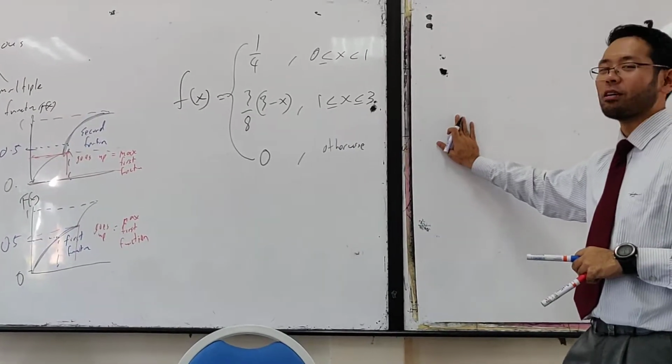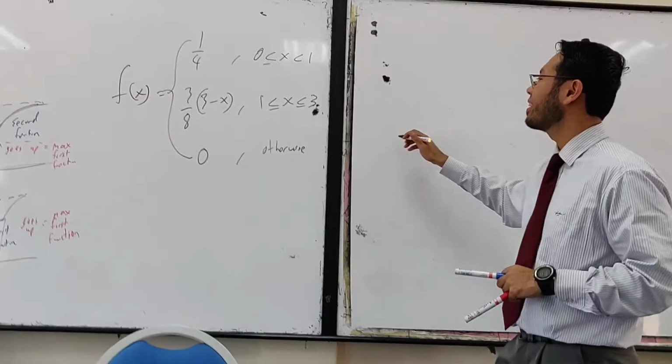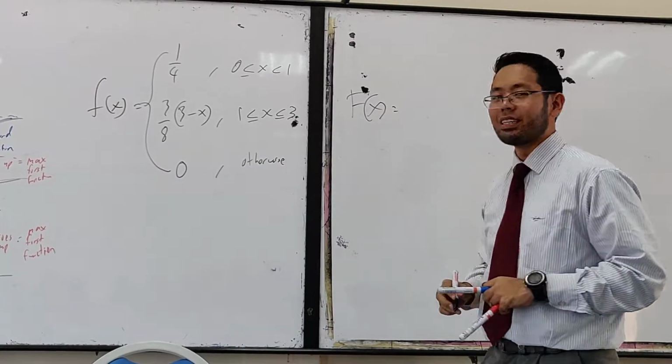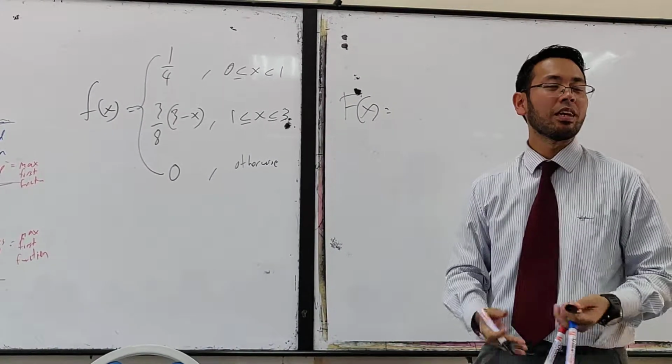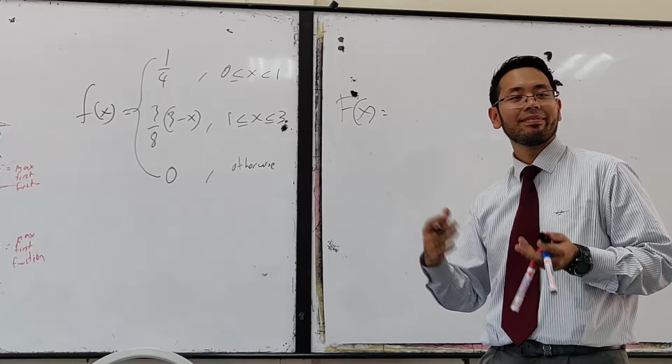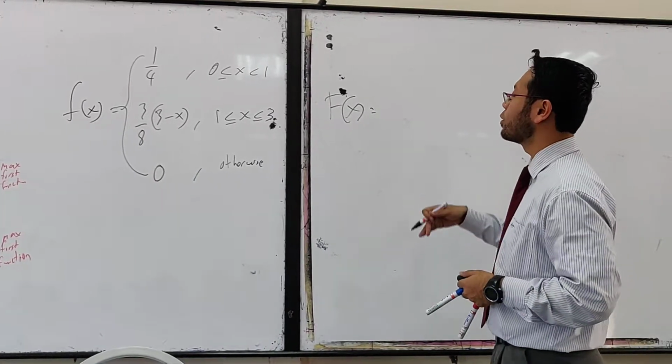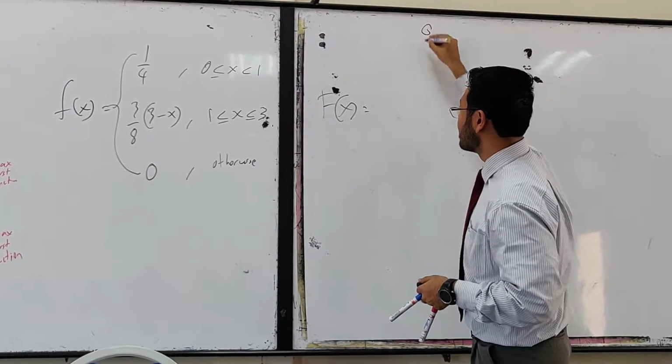So we're going to get ourselves the big F. There are multiple ways on how to get the big F, so just choose which way you like best. Personally, I like to do it this way. Firstly, at 0 and 1.